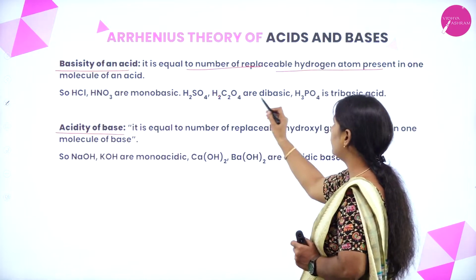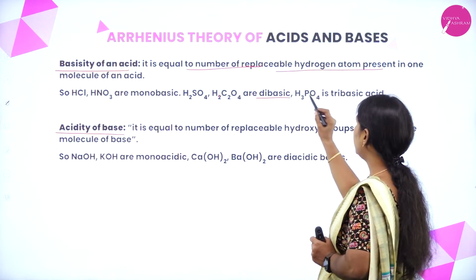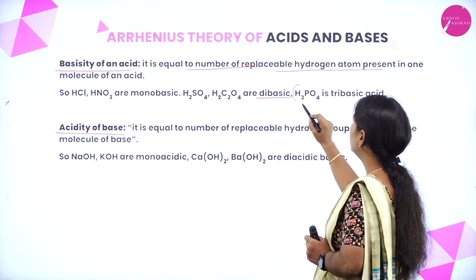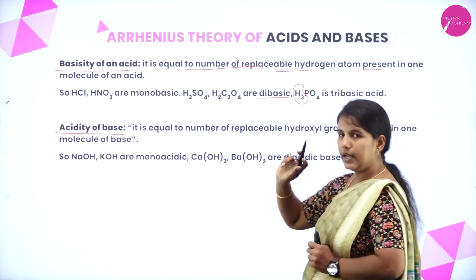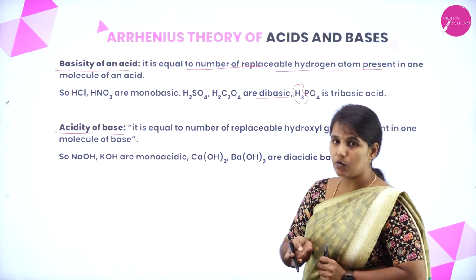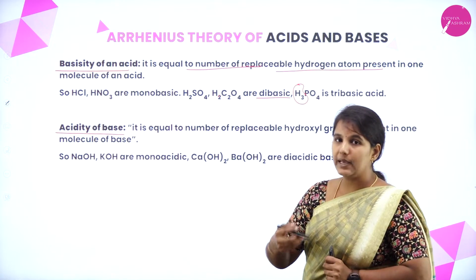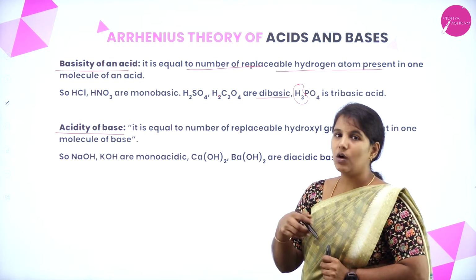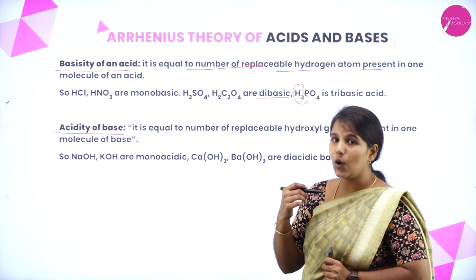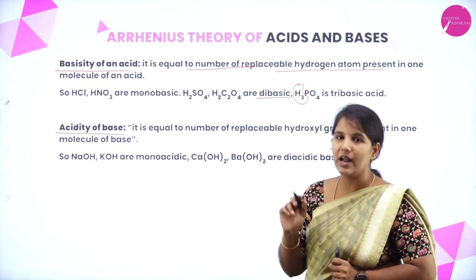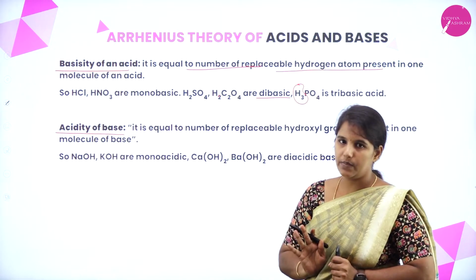Hence, it is an example of a dibasic acid. Similarly, you can take H3PO4, where there are three hydrogens that can easily undergo replacement. Hence, it is a tribasic acid. This is known as what? Basicity of an acid. So how do I count it? Just by counting the number of replaceable hydrogen atoms in the acid.